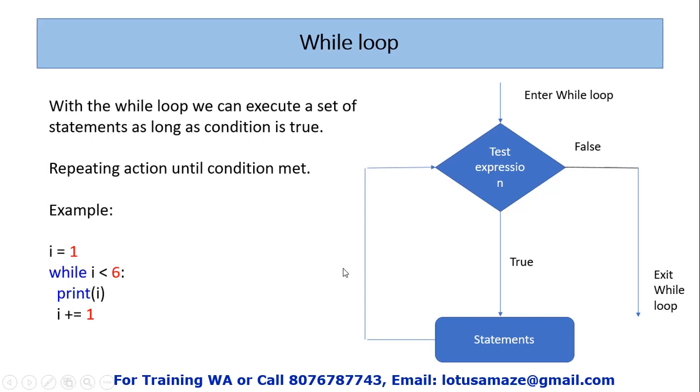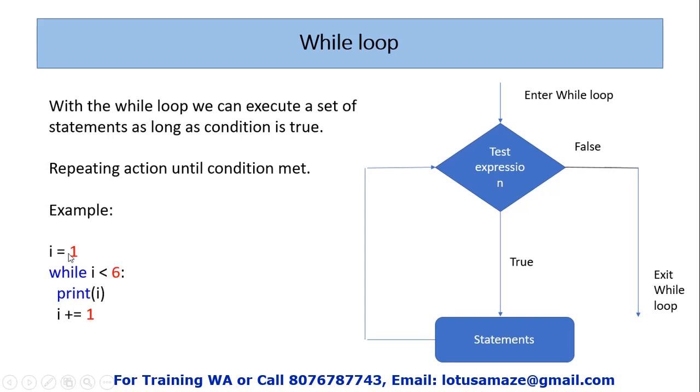Now while loop is used if suppose the condition is true, then we need to execute those set of statements again and again till the time the condition is true. So this is like repeating action until condition met. If you look into this example, I is equal to 1, then while I is less than 6, till the time I's value is less than 6, it will print I and then increment I with 1.